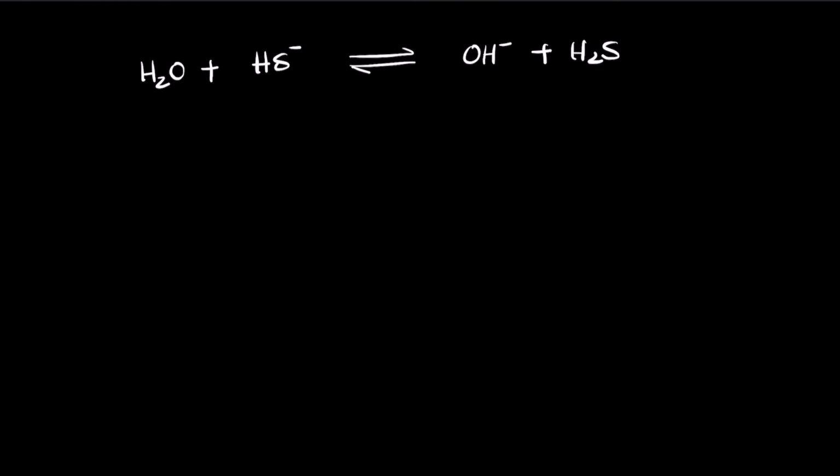Notice that for H2O and OH minus, there is a proton loss, which means that this is the proton donor. So this is acid 1, and this is base 2. Next, HS minus and H2S, accepting the proton, which means that this is base 1 and this is acid 2. So we have determined the acid-base pairs.